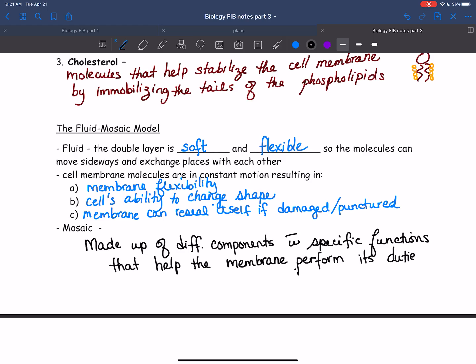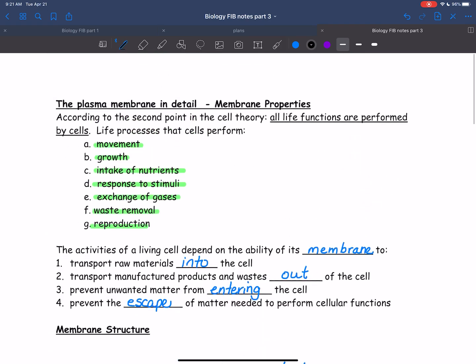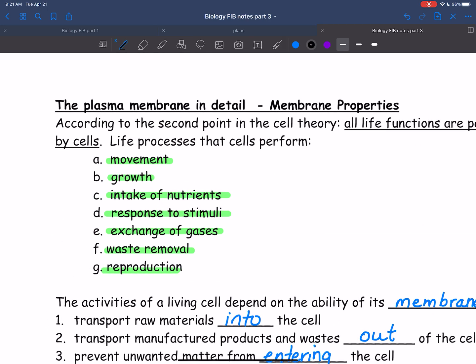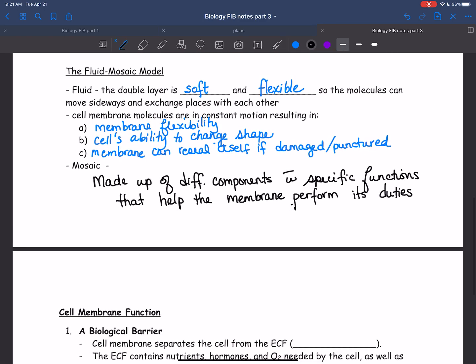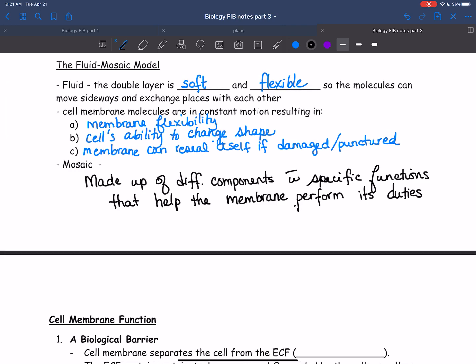So everything that the membrane has to do, we talked about, it helps with things like the movement and the growth and the intake of nutrients of the cell. So we have all of these components that are going to help out with that. Okay? So let's see, we said the duties of the cell membrane.